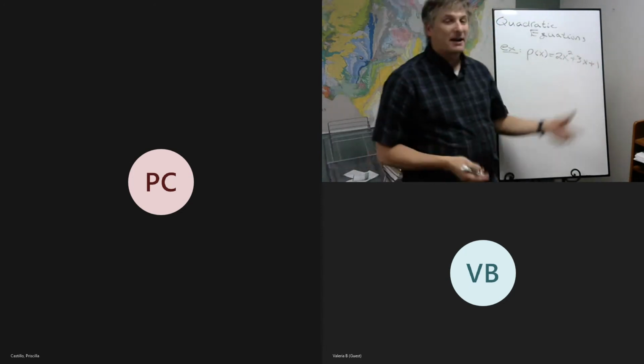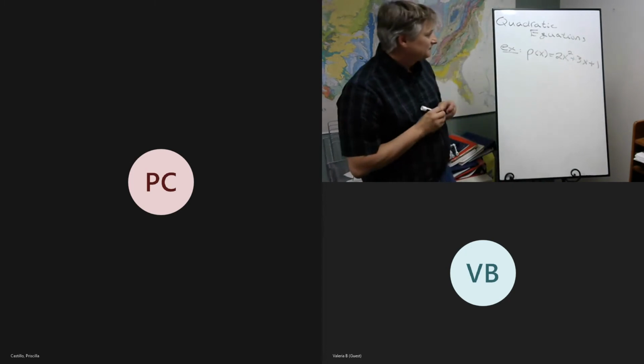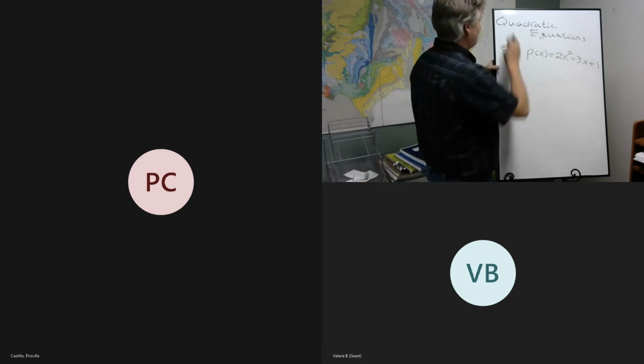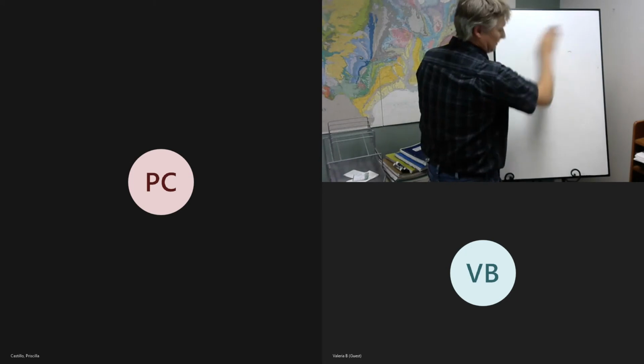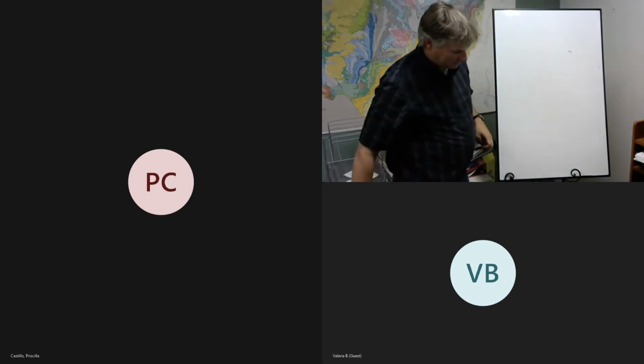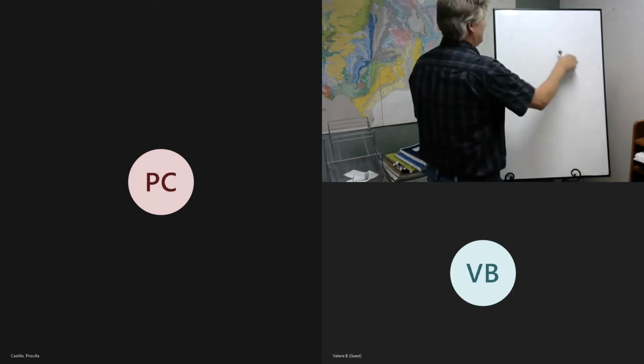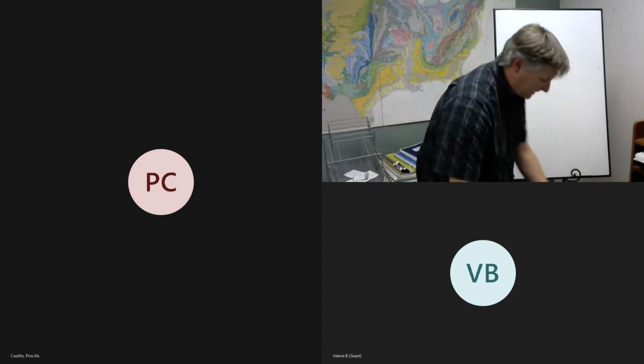So this would be a quadratic polynomial. So in general, what we have is this. I'm going to use the definition from the text.